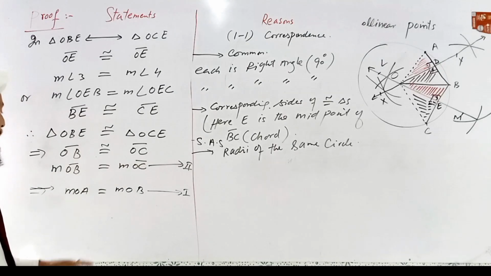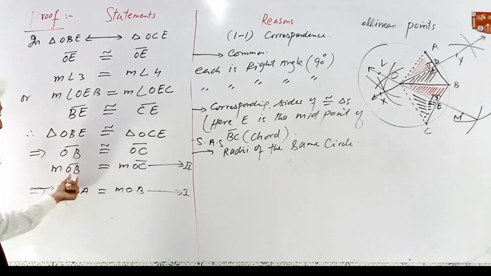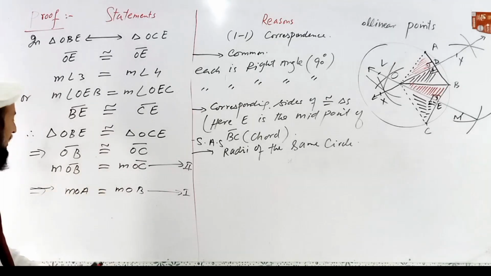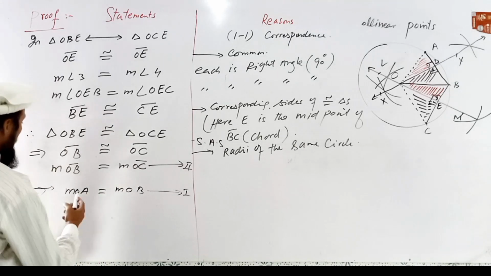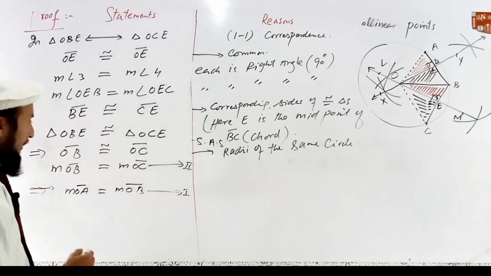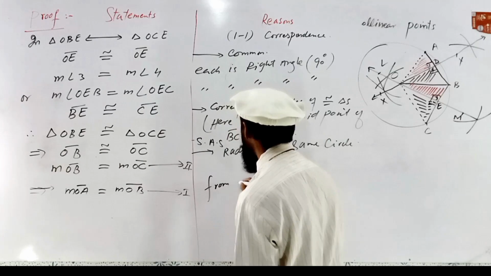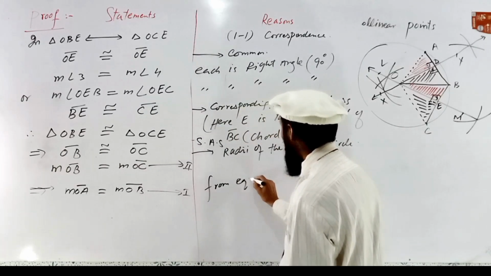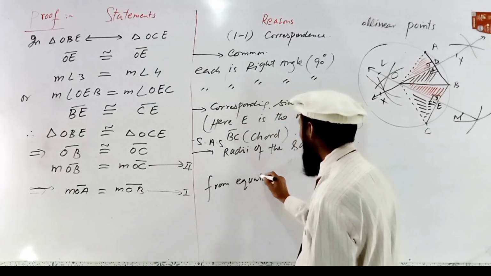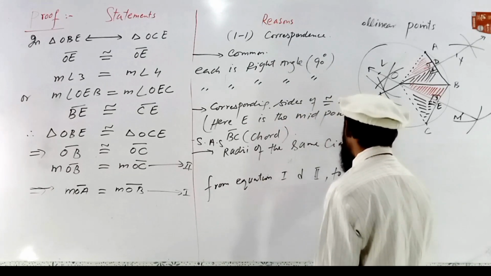So from equation number first and second we can apply the transitive property because measurement OB is common.